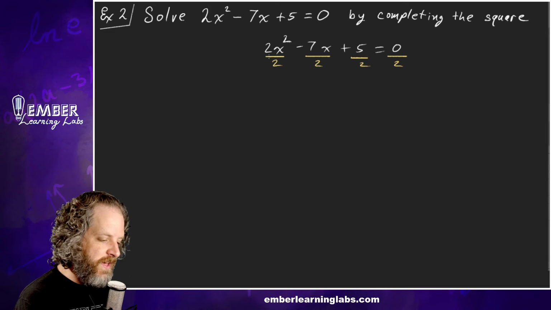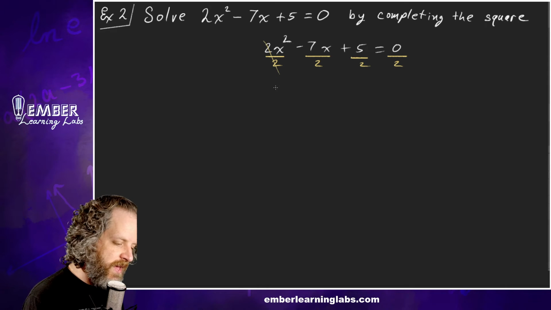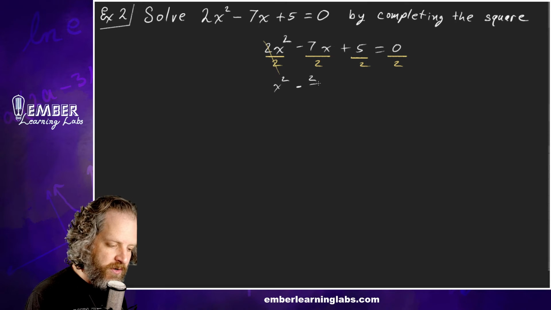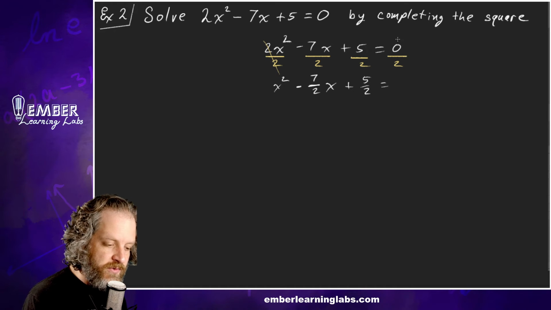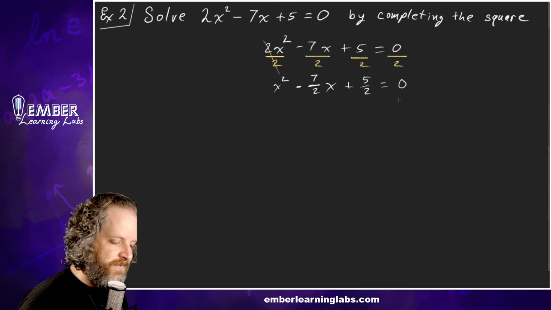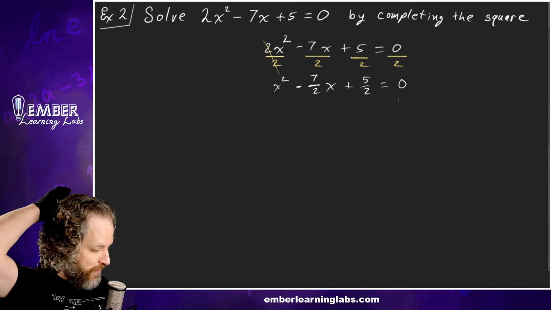So this cancels, leaving us with x squared, and then negative 7 halves x plus 5 halves equals 0 divided by 2, which is 0. Then we're going to complete the square.